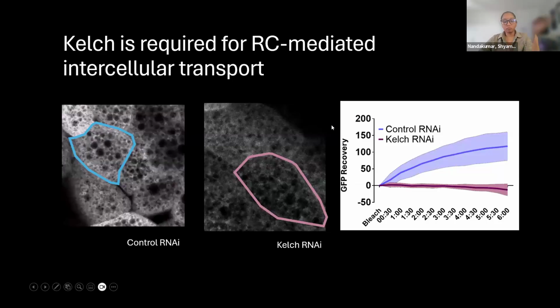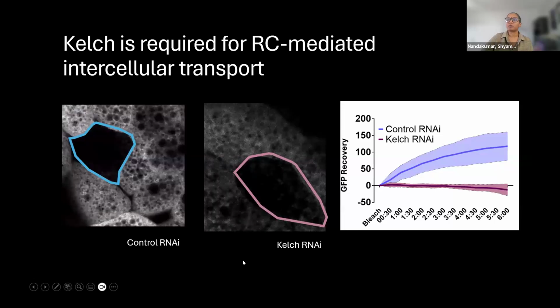Okay, so going back to what the disruption of ring canals might do to the openness of ring canals, its ability to allow intercellular transfer. When I knock down Kelch, the intercellular transfer of fluorescent proteins completely disappears.